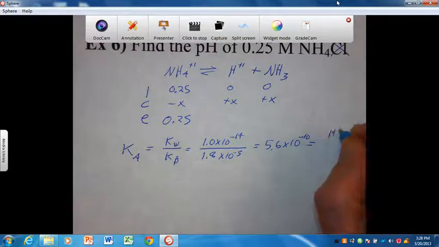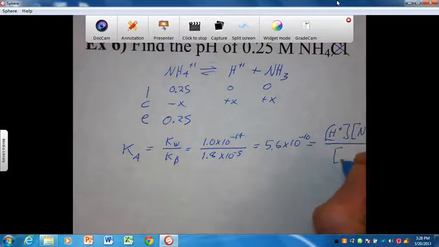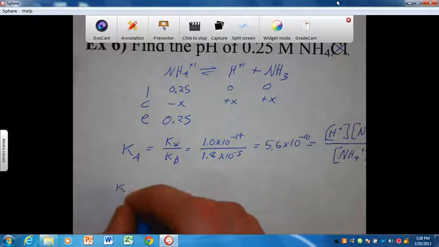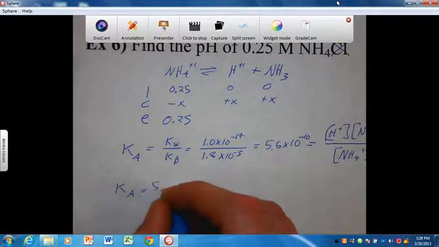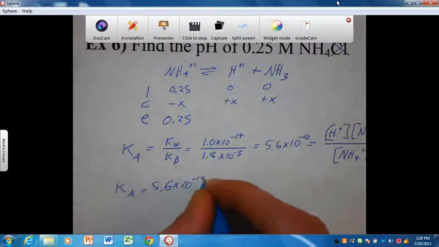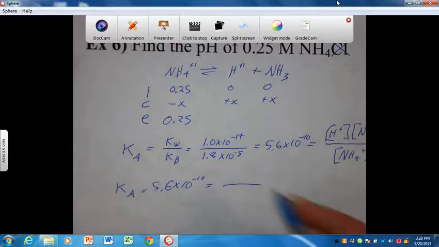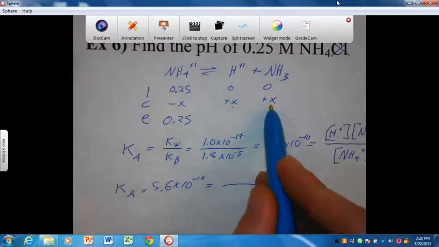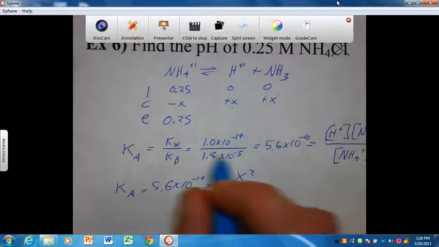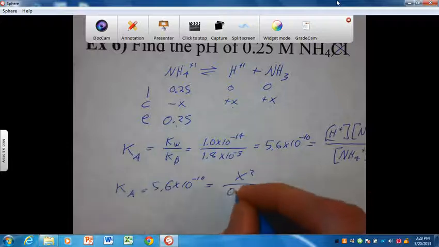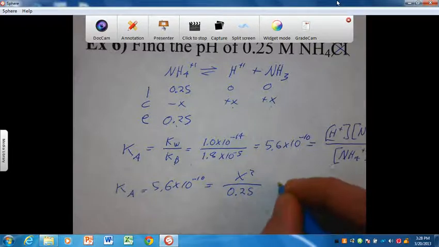So that's hydrogen molarity times ammonia molarity over ammonium molarity. So with my Ka equal to 5.6 times 10 to the minus 10, I'll put that as products over reactants. Products being x and x, x squared, reactants being 0.25, and I'll solve for x now.